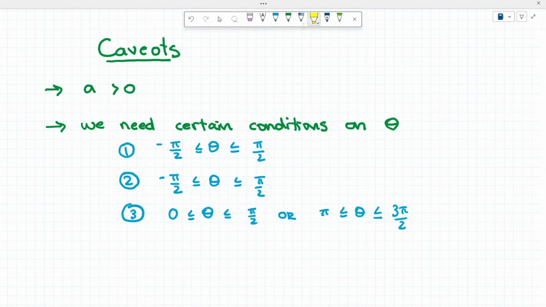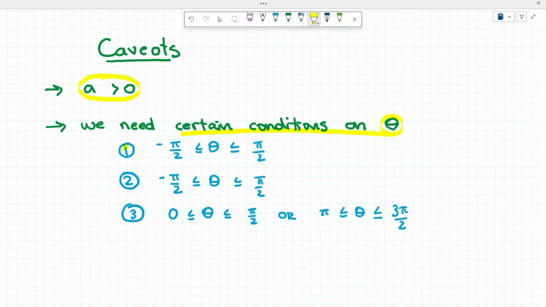Our first caveat is that our a value has to be positive, greater than 0. We also have certain conditions that we need to impose on our angle theta. Each one of these conditions corresponds to the substitutions I showed you.